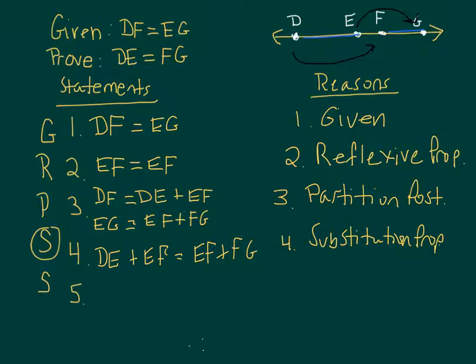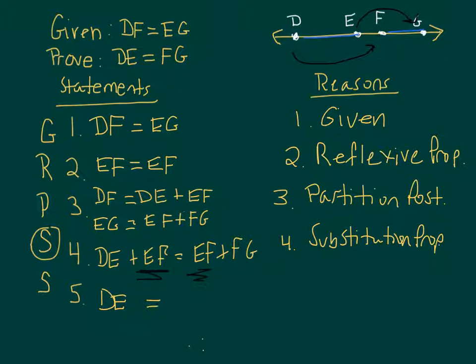We want to prove, take a look at your proof, DE equals FG. It would be nice if I could get rid of this EF on each side. If only I could get rid of those. Well, we can, because we know EF equals EF. These two are equals. So we take our equals, subtract our equals, and we'll be left with equals.